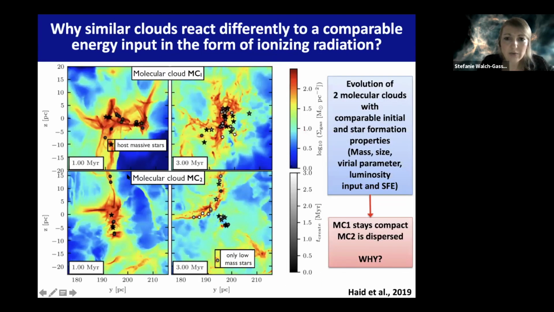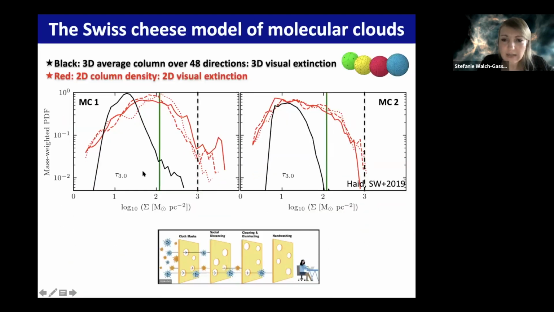Now I want to use the rest of the time to talk a little bit about this 2D, 3D difference in terms of the visual extinction. I found this picture here, which is used for preventing the corona disease from spreading. This is the so-called Swiss cheese model.